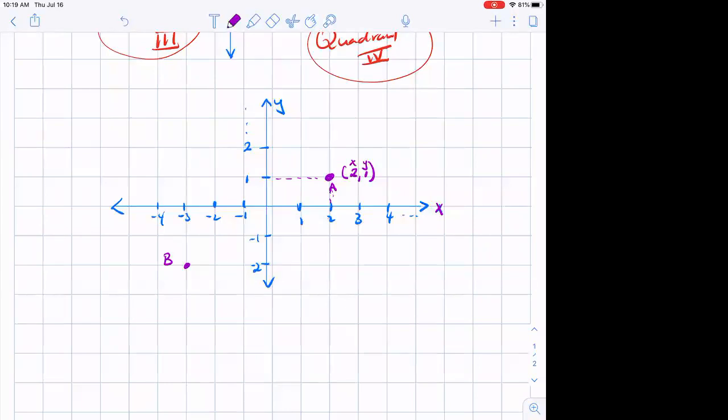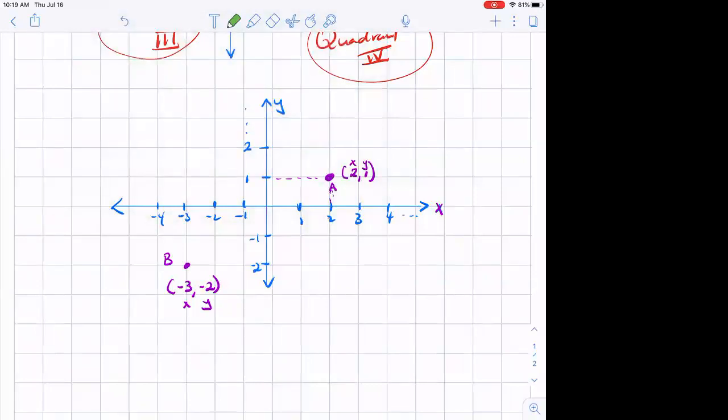Sharna, where am I in point B? Or let's say you're at point B, Sharna. Where are you? I'm at -3, -2. Excellent. -3, comma, -2. This is x and that's y. Okay? So you guys have to know how to plot points.